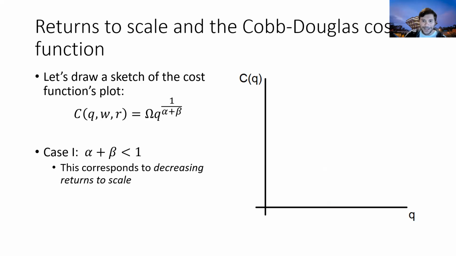If alpha plus beta is smaller than 1, what can you tell me is true about that exponent in the green circle? If alpha plus beta is smaller than 1, then the inverse of alpha plus beta has to be greater than 1.